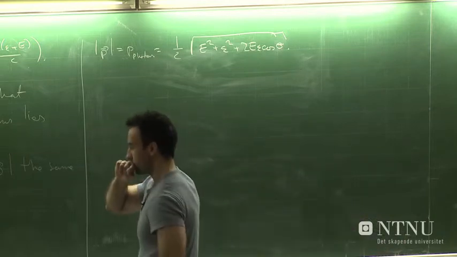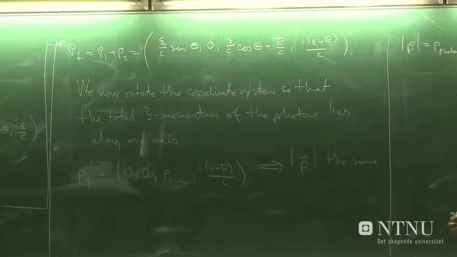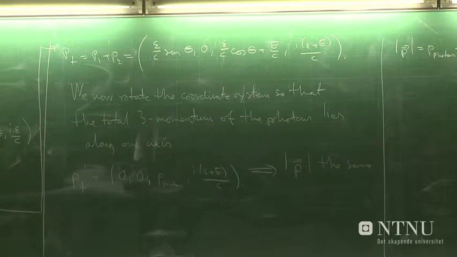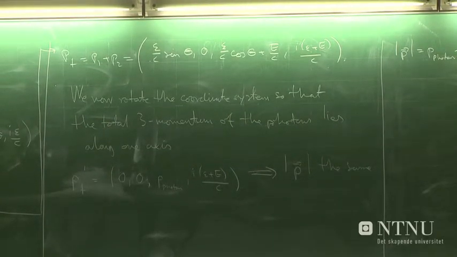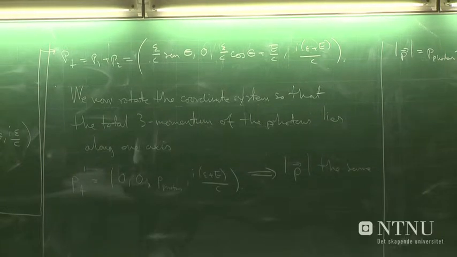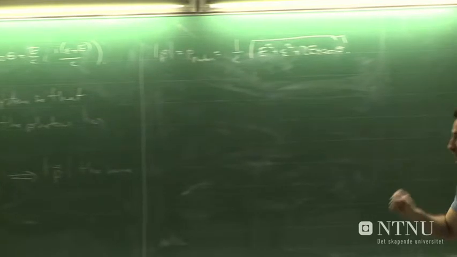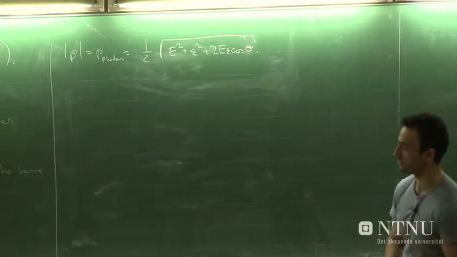Okay, so in this reference system, we're only dealing with motion along one axis. So that's the first lesson learned. We found a convenient reference system where the motion only takes place along one axis. So that's pretty much as far as we can get concerning the before situation. Now we have to consider the after situation.